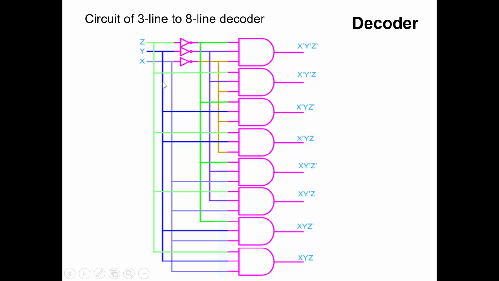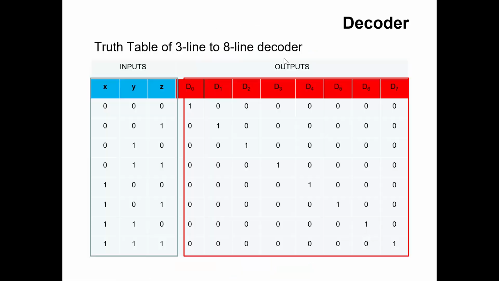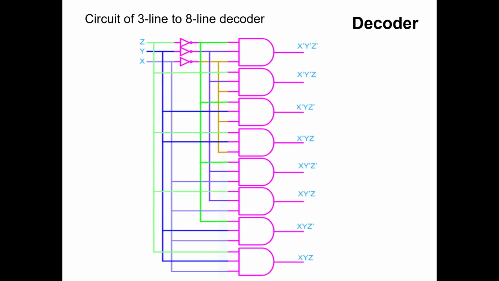The circuit diagram is quite simple here. For the first entry, here it is X bar, Y bar, Z bar, which comes out for D0. Here this is D0, this is D1, this is D2, D3, D4 and D7.